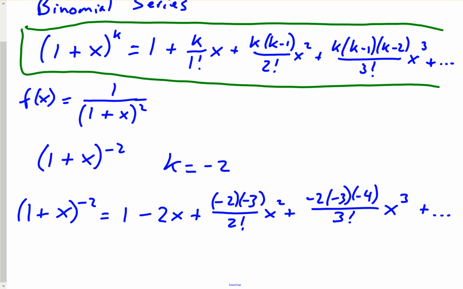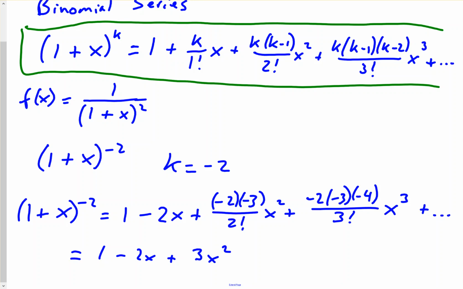Okay, so we could simplify these. We'll have 1 minus 2x plus, now here we have negative times negative, that's positive 6 over 2 factorial, just 2 times 1, 6 over 2, which will be 3, so 3x squared.